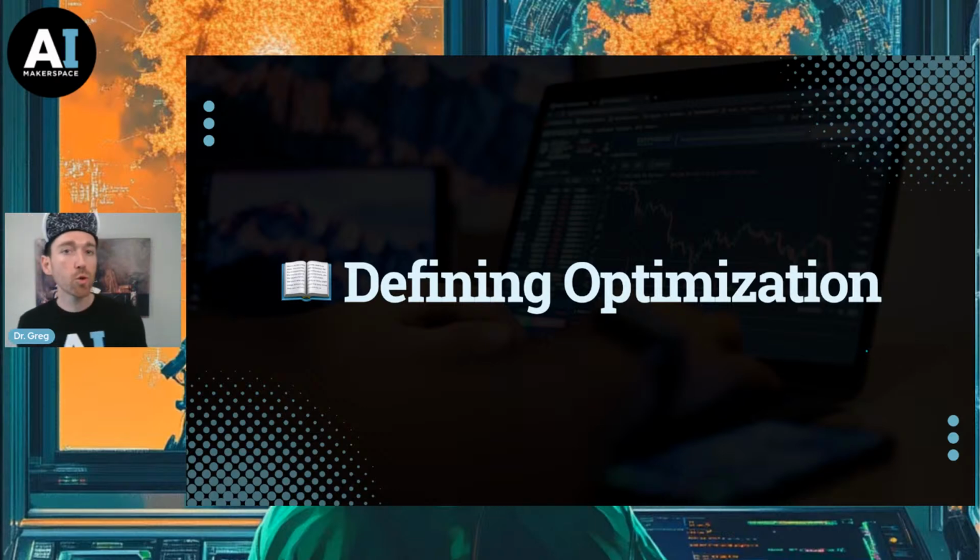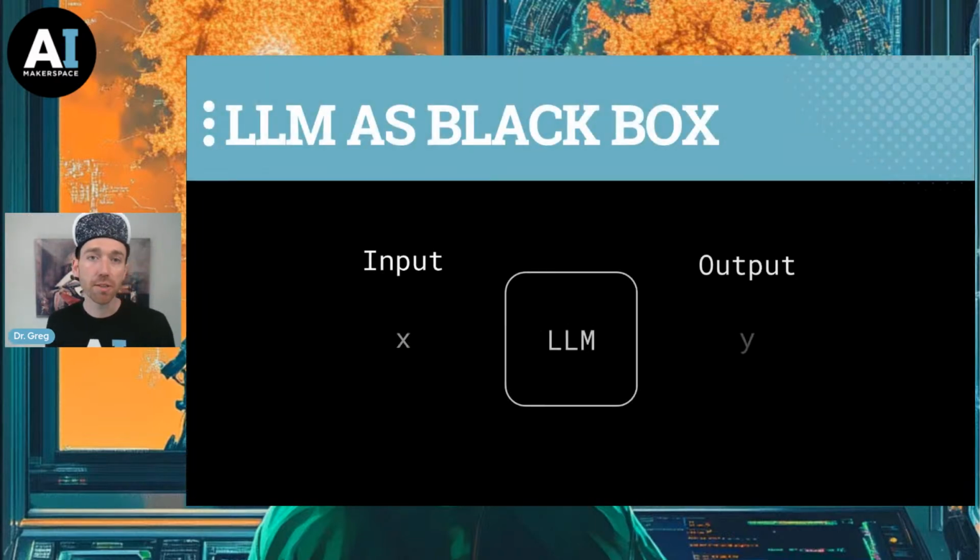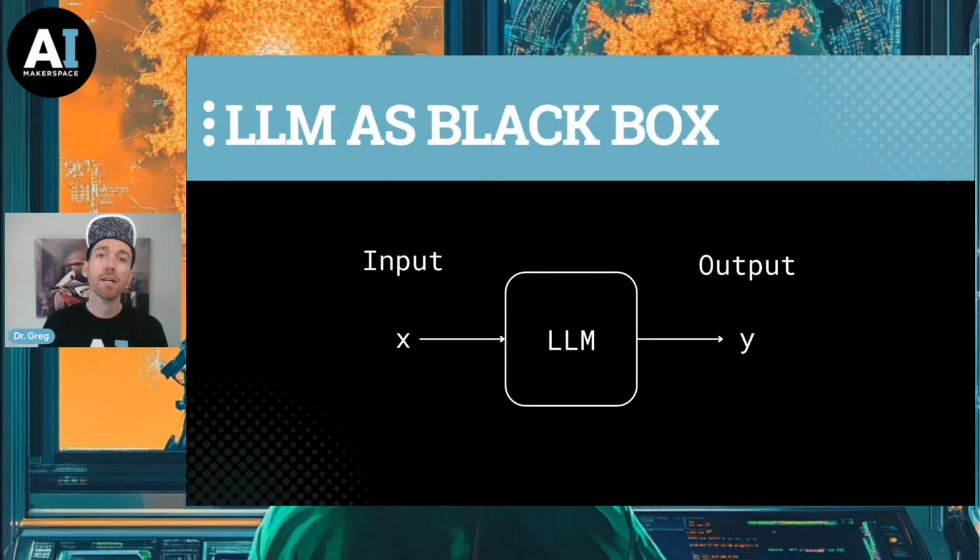It's often quite common in optimization theory, classically, to think about black boxes. And it's useful today, I think, to think about LLMs as black boxes. Essentially, you put something in, it's black, you don't know what's going to come out, but you get something out. It's opaque. You can't really see exactly what's going on. It's not fully explainable AI, we might say.